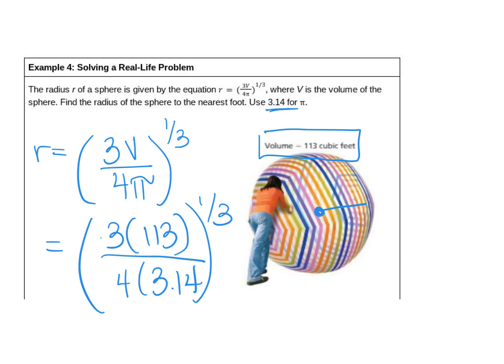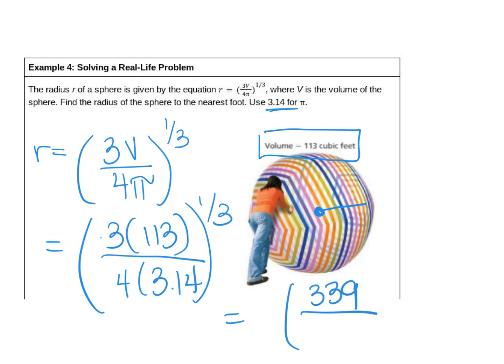So now this you could put in your calculator, which I'm definitely going to do. I'm going to try and describe it as best as I can. Maybe I can look up a picture of the right one. So we're going to go 3 times 113, which is 339.